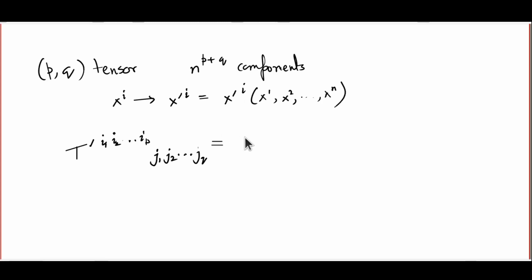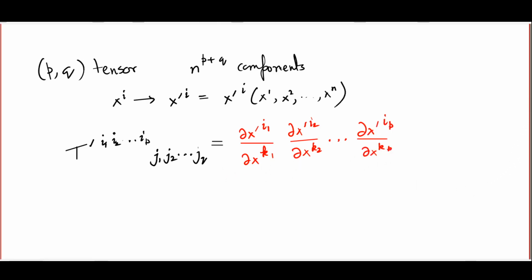For each of the upper indices, you pick up a vector transformation term, del x' i1 by del x k1, then del x' i2 by del x k2, so on, del x' ip by del x kp, that's the last of the lot.